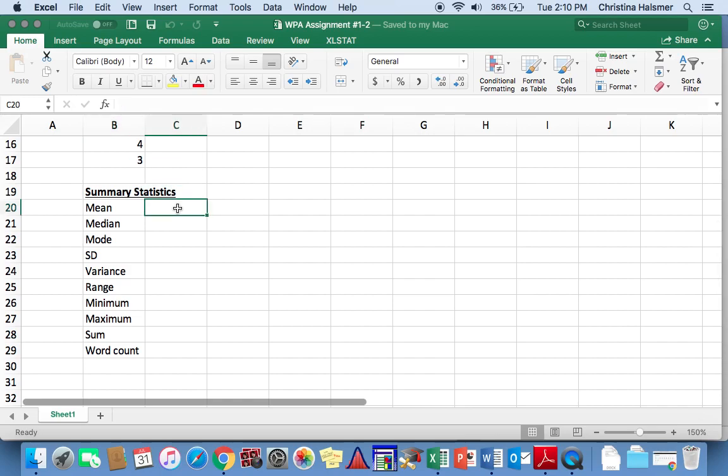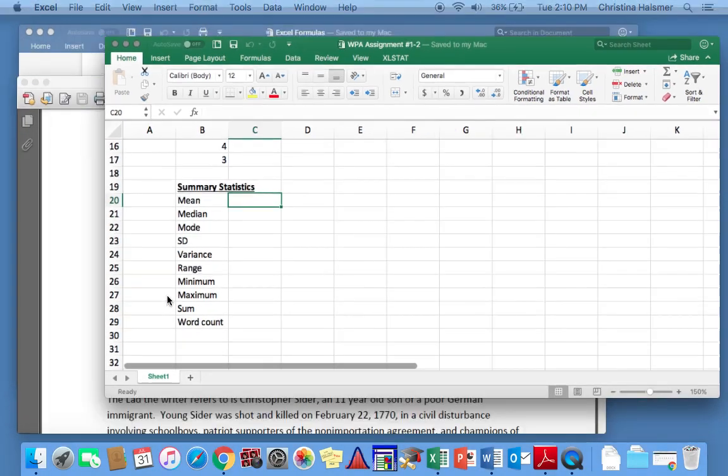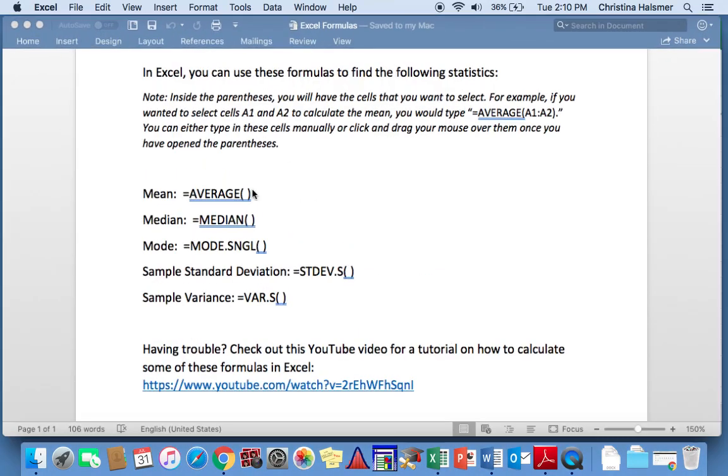In order to analyze this letter and see if we can identify the author, we want to find the mean, the median, the mode, and all of these summary statistics. Something that you can use in calculating this are these Excel formulas.